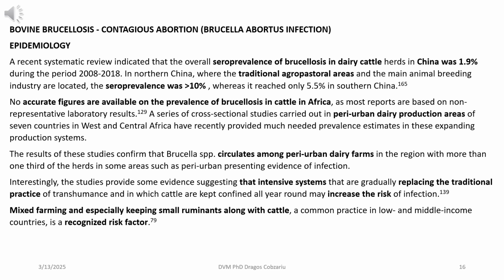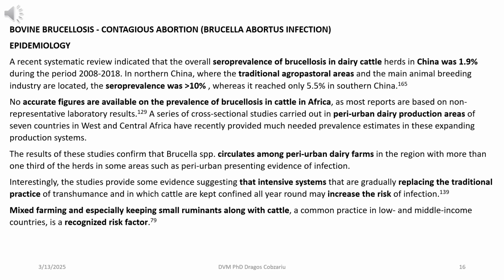The results of these studies confirm that Brucella spp. circulates among peri-urban dairy farms in the region, with more than 1/3 of the herds in some areas presenting evidence of infection. Interestingly, the studies provide some evidence suggesting that intensive systems that are gradually replacing the traditional practice of transhumance, and in which cattle are kept confined all year round, may increase the risk of infection. Mixed farming, and especially keeping small ruminants along with cattle, a common practice in low and middle income countries, is a recognized risk factor.